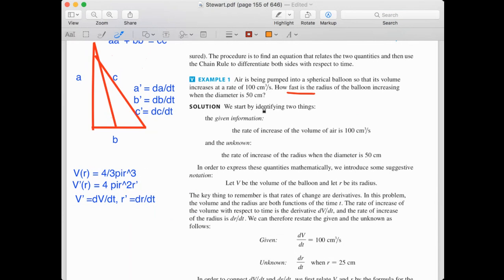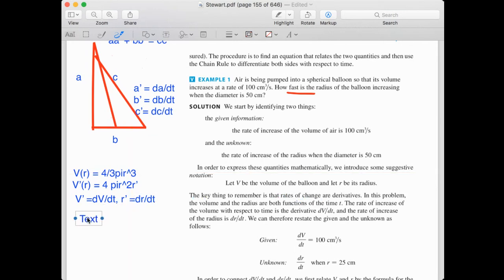V prime is given, right? V prime is 100. You can tell from the unit. The unit is cubic centimeters per second. So that's a speed, that's a velocity. That's the rate of change of the volume. Okay, the 100 is given.